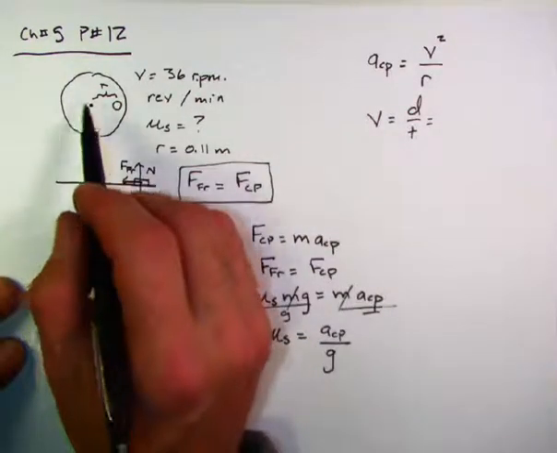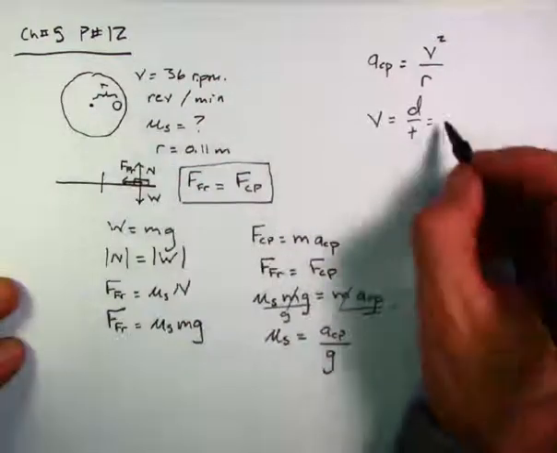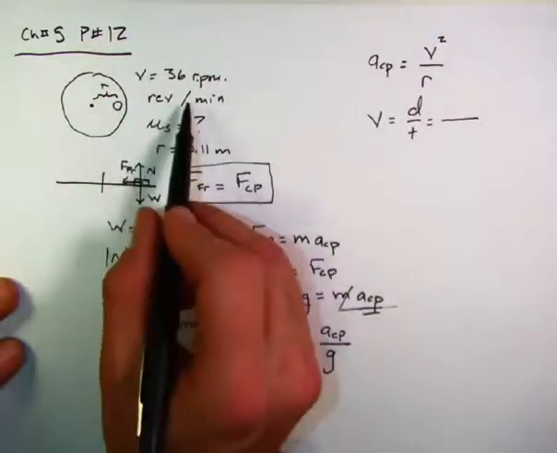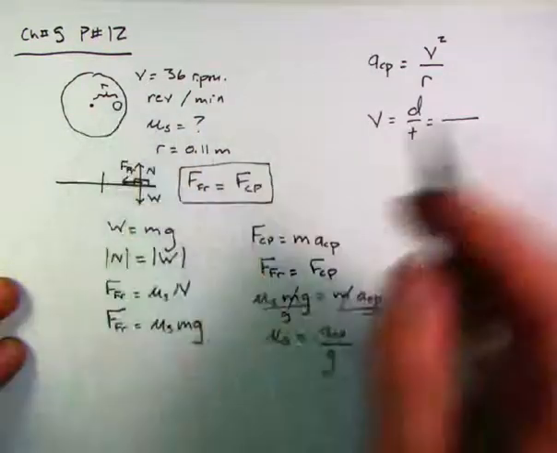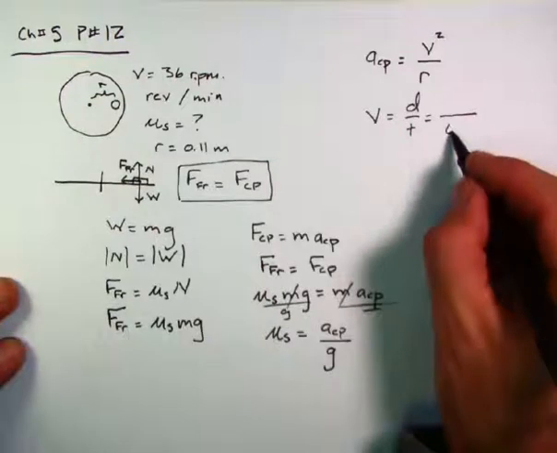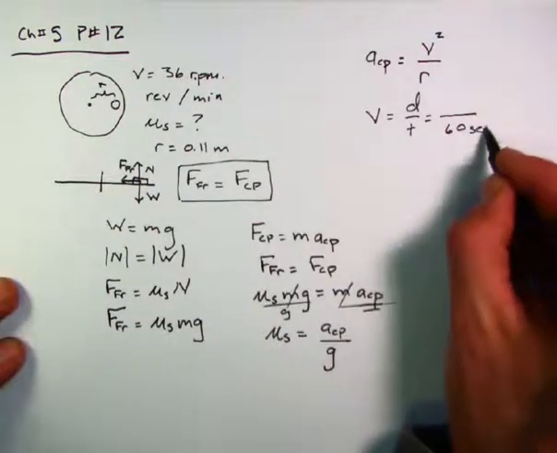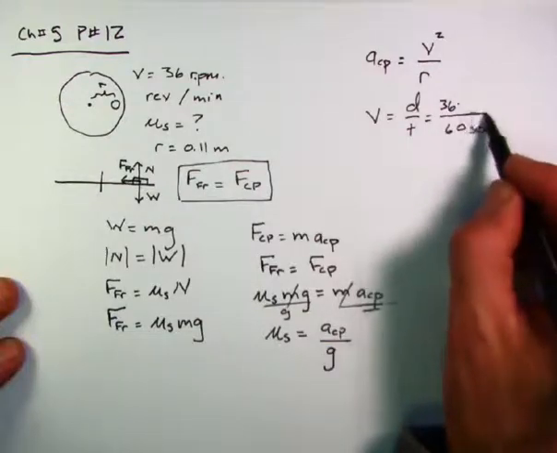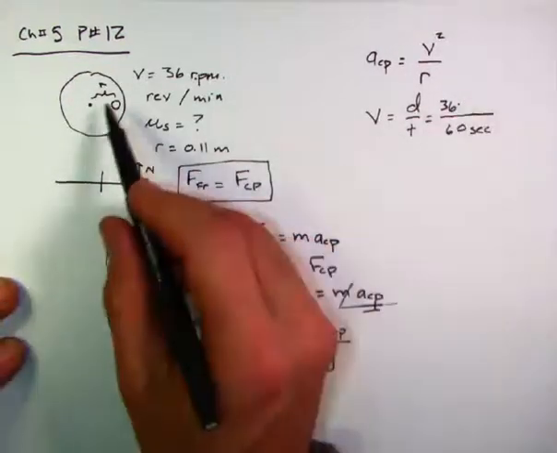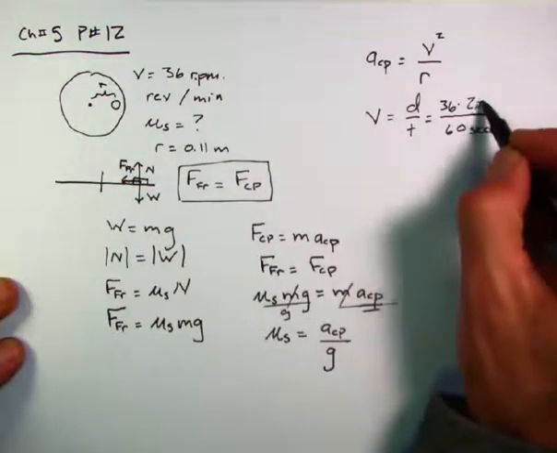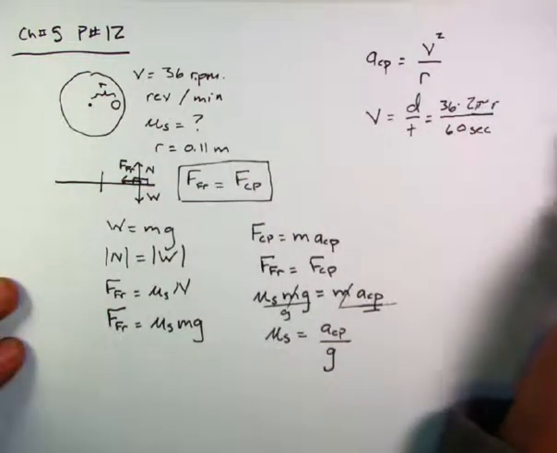This guy's going 36 revolutions per minute. So how far would it go in 60 seconds? It would go 36 revolutions. How far is one revolution? That would be 2 pi r.